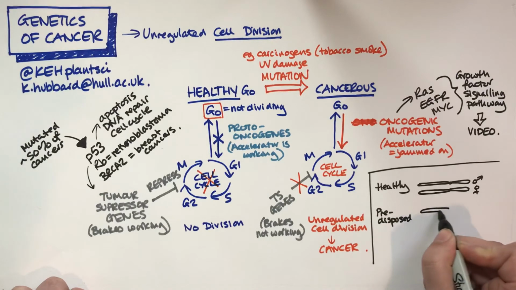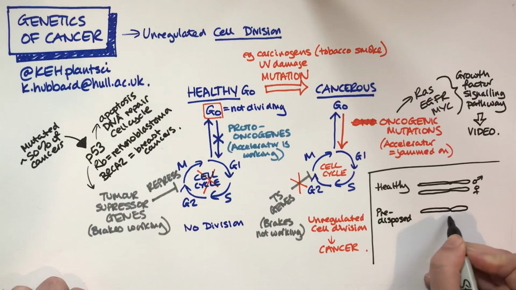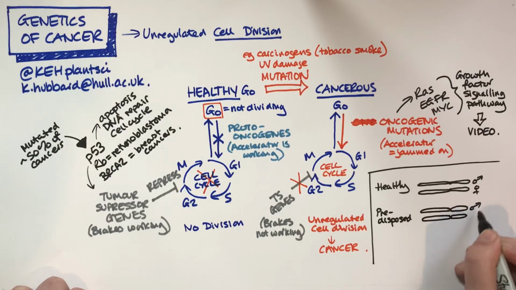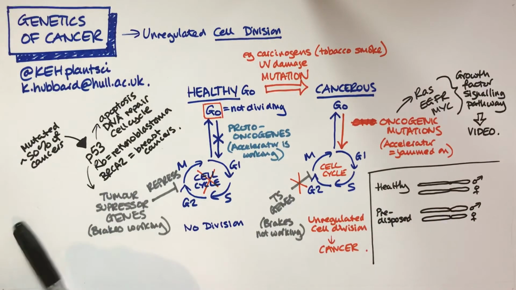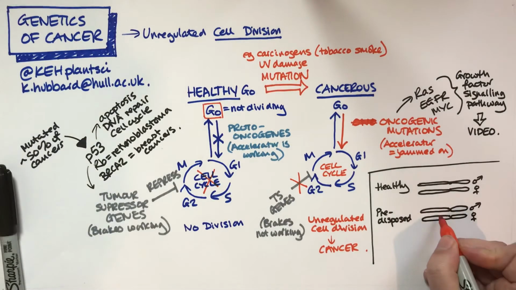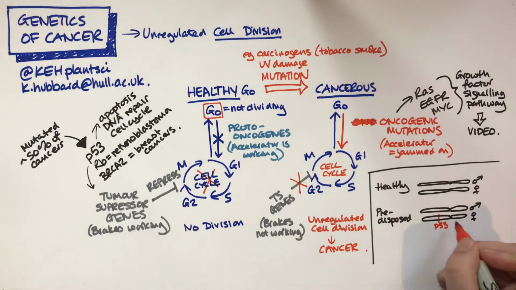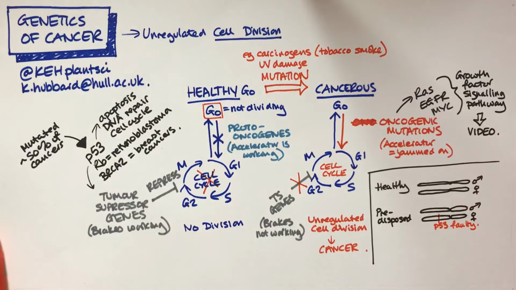They are born or have already accumulated a mutation in one of their copies of a tumour suppressor. Let's say it's p53. If you're born with one copy of p53 being faulty, you're at a higher risk of developing cancer.